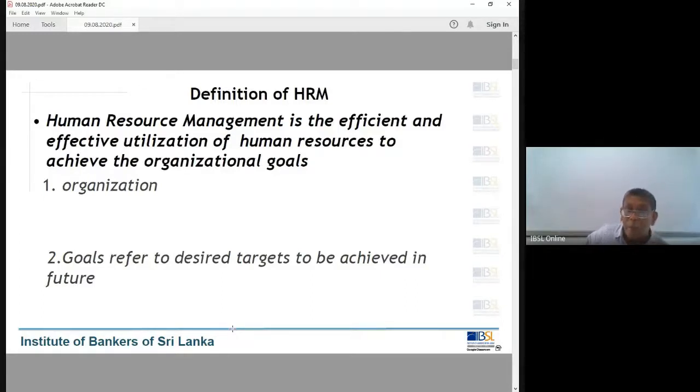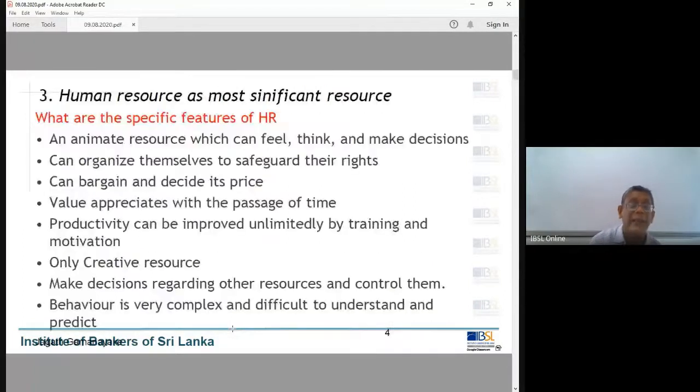Now, you know what you mean by a goal. That is simply saying desired targets to be achieved in the future, right? And the third point, we say human resources, right? Now, human resource, I told you, is basically unique when compared with other resources.